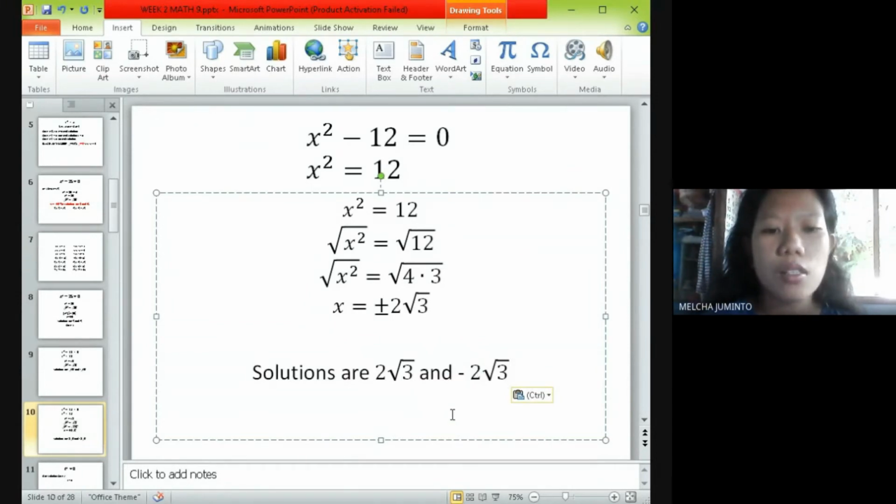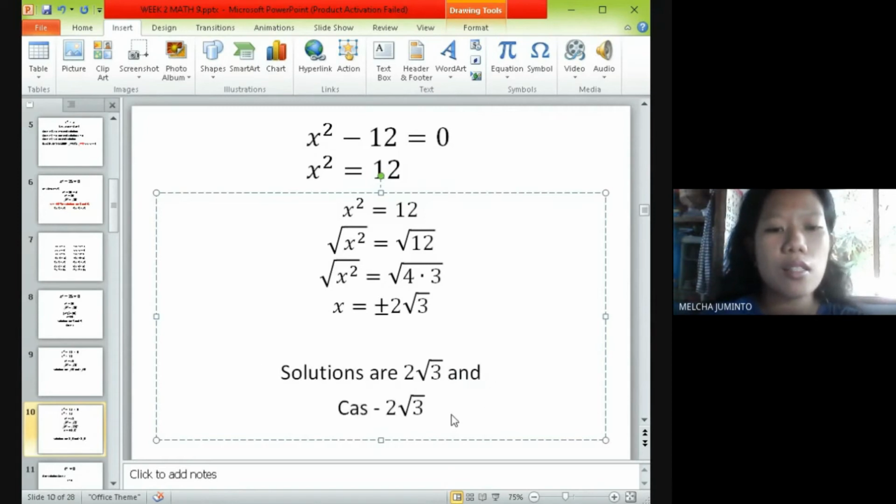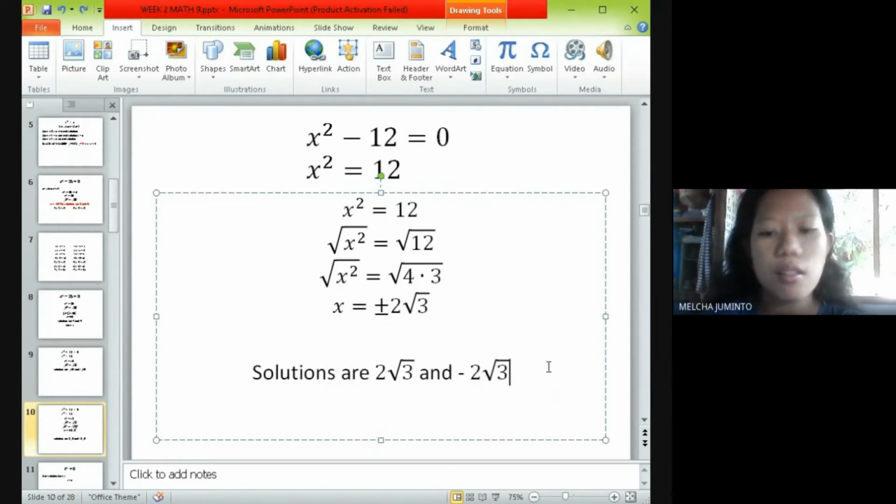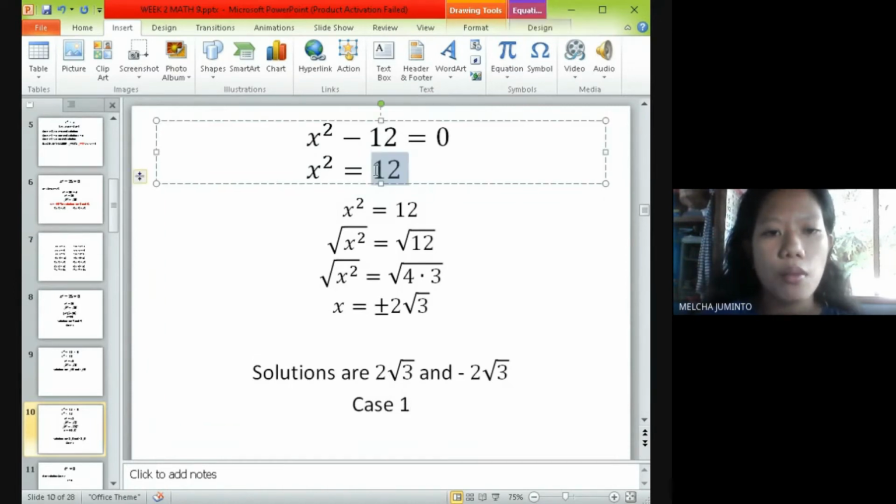And this particular problem still falls in case number 1, wherein k is greater than 0 because here k is 12. Any questions with this example?